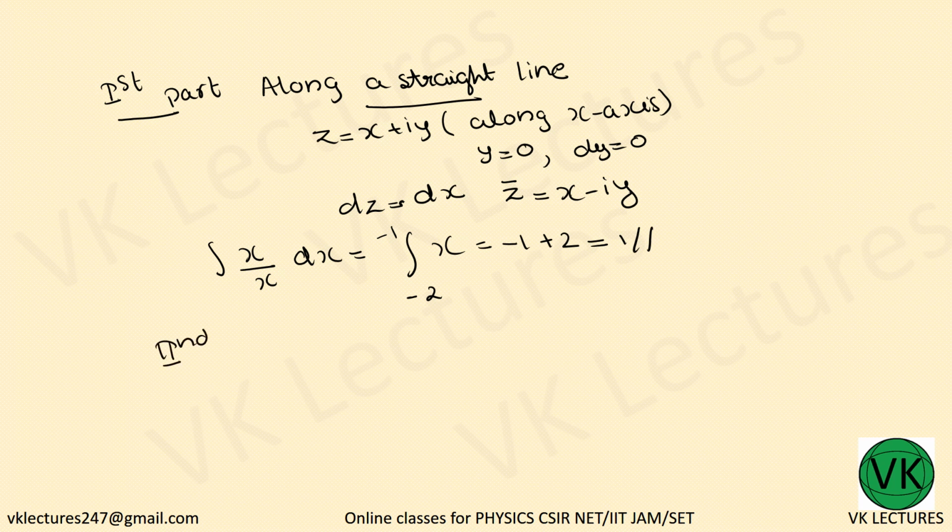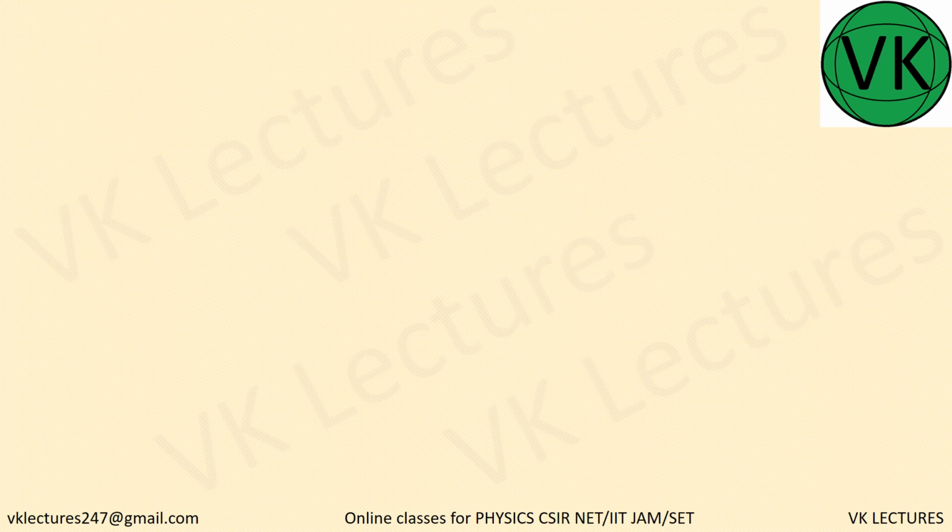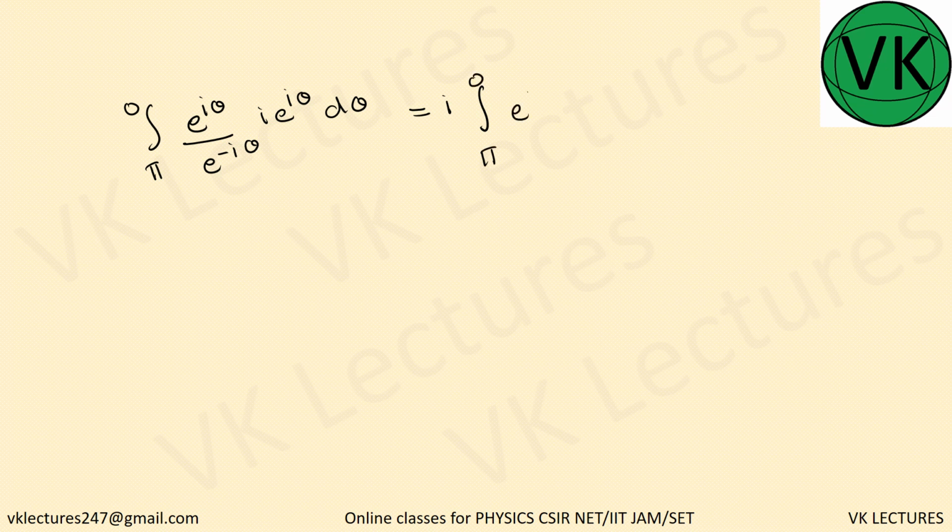Then comes the second part. It is along a curve. z is equal to r e raised to i theta, where r is equal to 1. Then dz is equal to i e raised to i theta d theta. Then integral from pi to 0 of e raised to i theta divided by e raised to minus i theta, times i e raised to i theta d theta, that is equal to i integral from pi to 0 of e raised to 3i theta d theta.